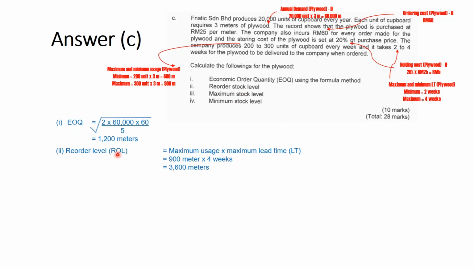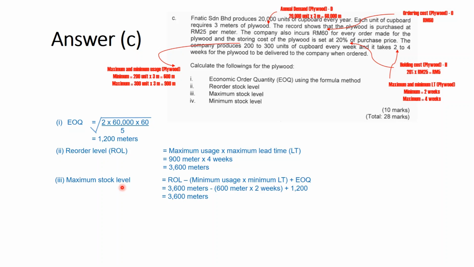Reorder stock level, which is maximum usage multiplied by maximum lead time. Maximum usage is 900 meters and maximum lead time is 4 weeks, then we get 3,600 meters. Maximum stock level: reorder level, minus minimum usage multiplied by minimum lead time, plus the EOQ.